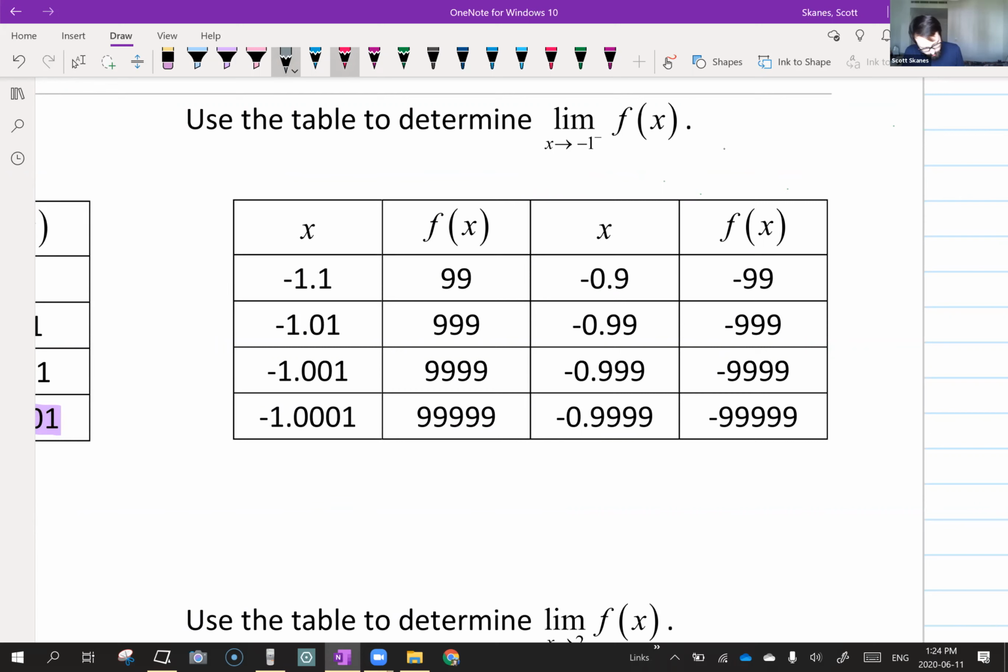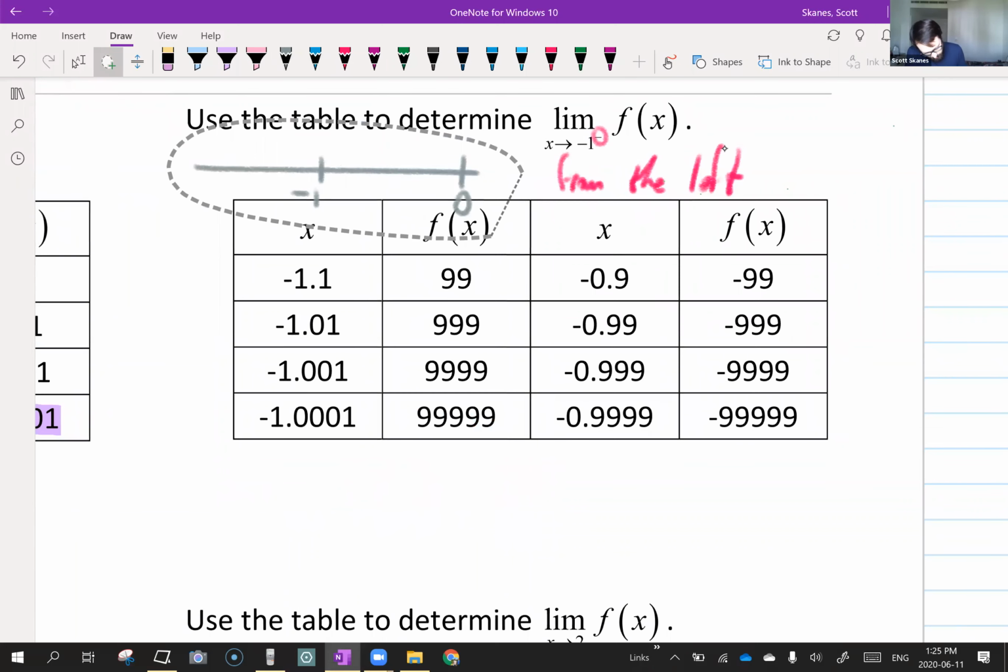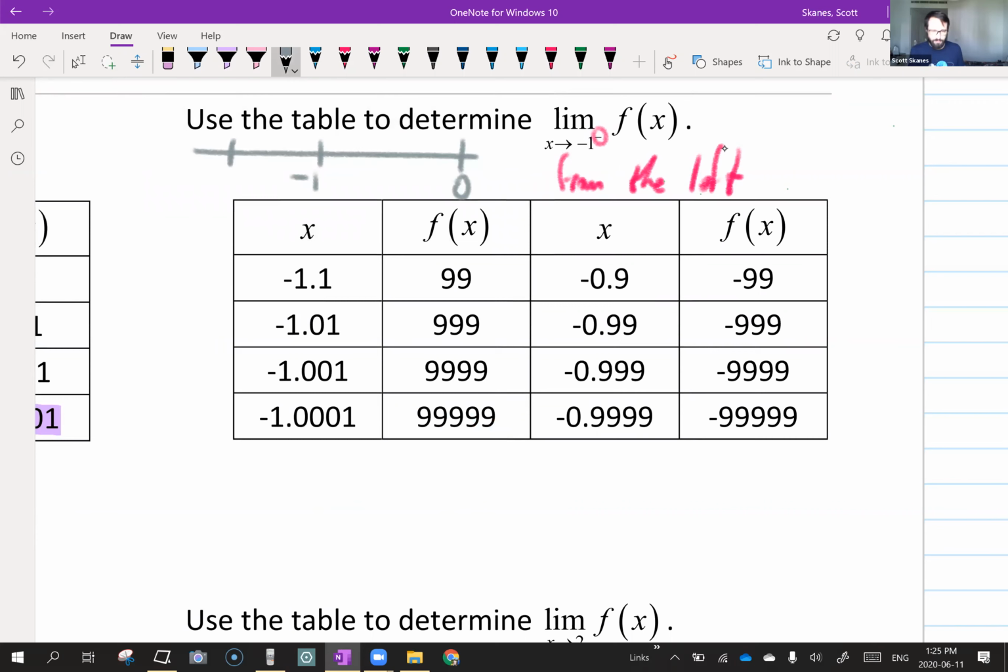As x approaches -1 from the left, well, let me draw a little number line. You don't need to. So -1, that means that 0 is somewhere over here. Let's go from the left side. Something more negative than -1 is like -2, right?